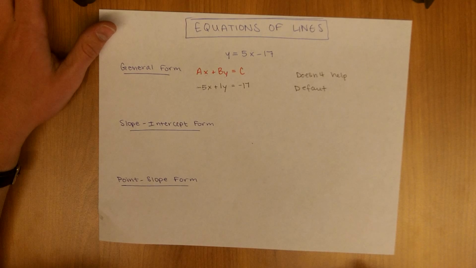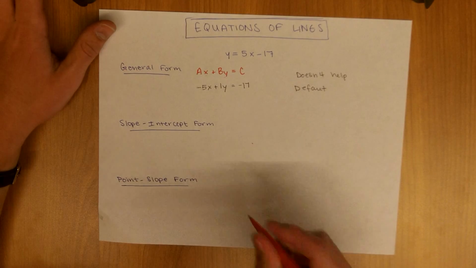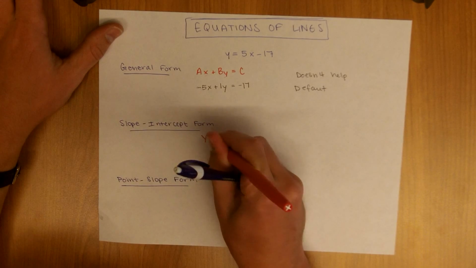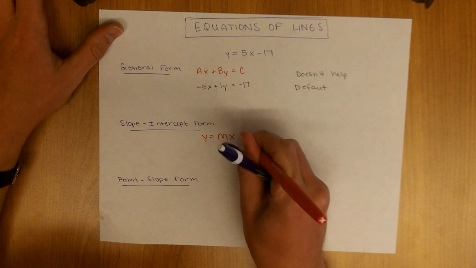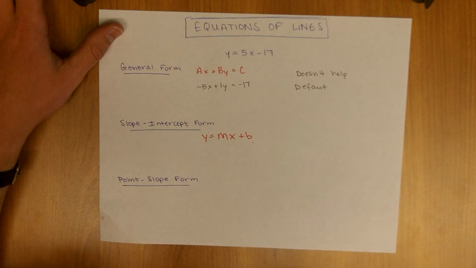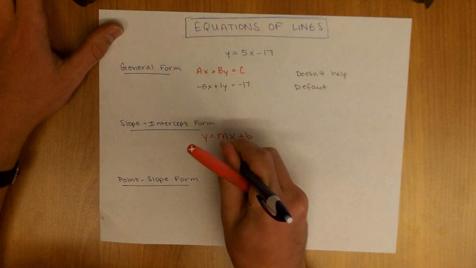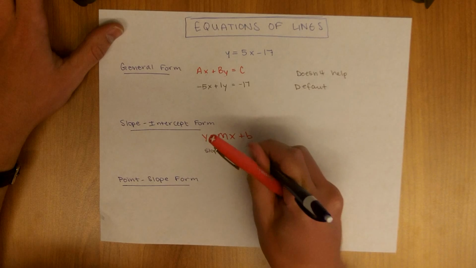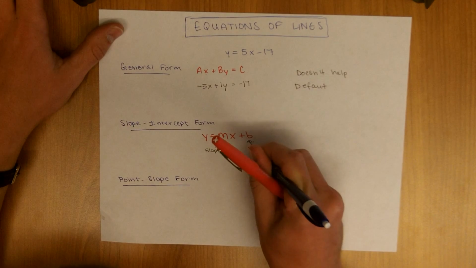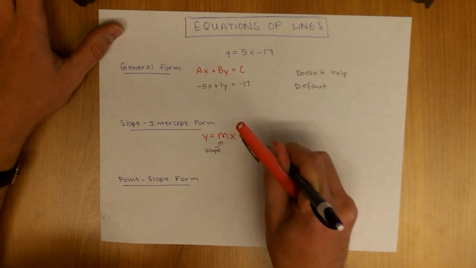Our next one, that's the one you've probably been using a lot. Slope-intercept form. Slope-intercept form in general is written as y equals mx plus b. Now, the m, that's your slope. And b, this is your y-intercept.